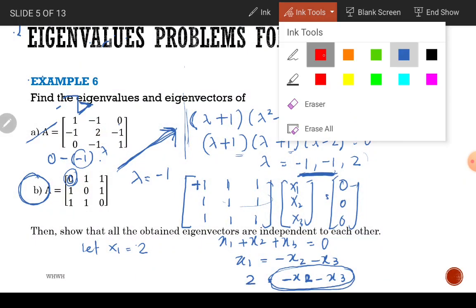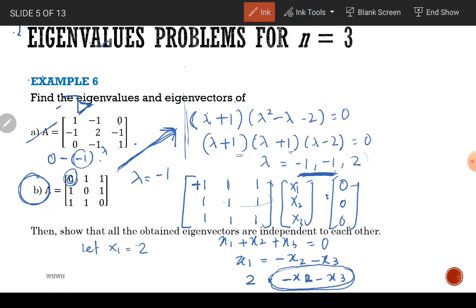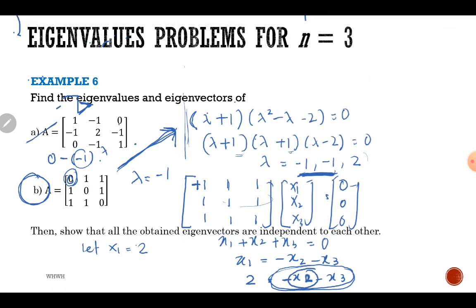To make it equal 2, we need to make x2 positive or negative? Okay, x2 has to be negative. Negative what? Negative 1. x3 equals negative 1, right?